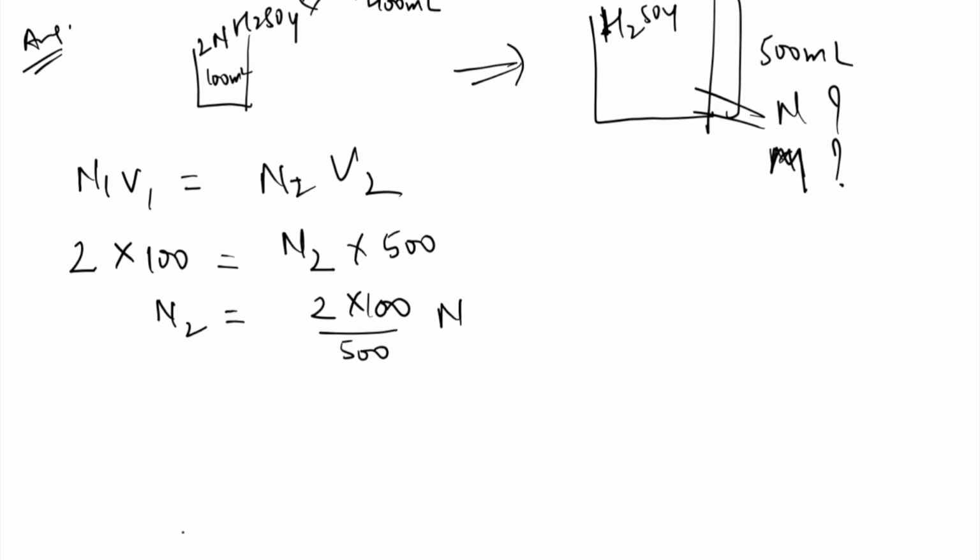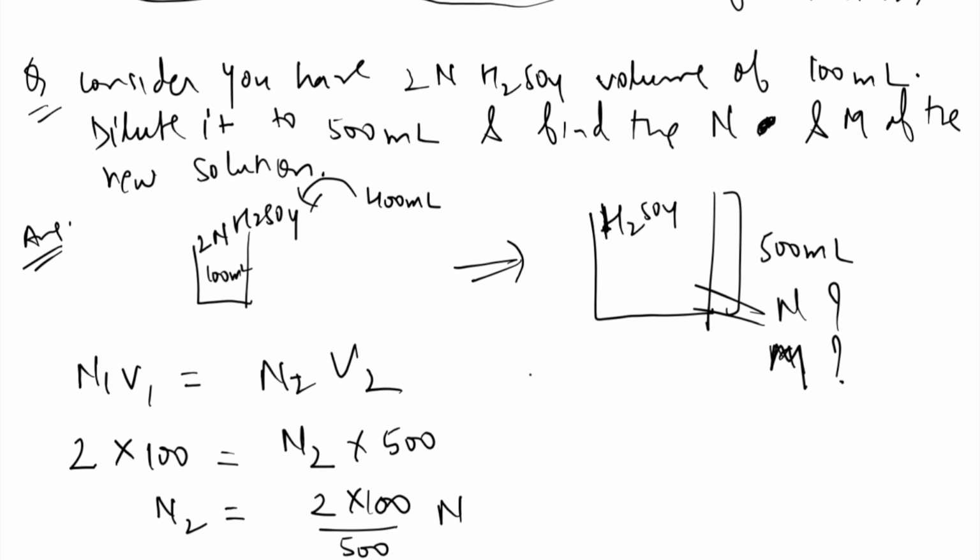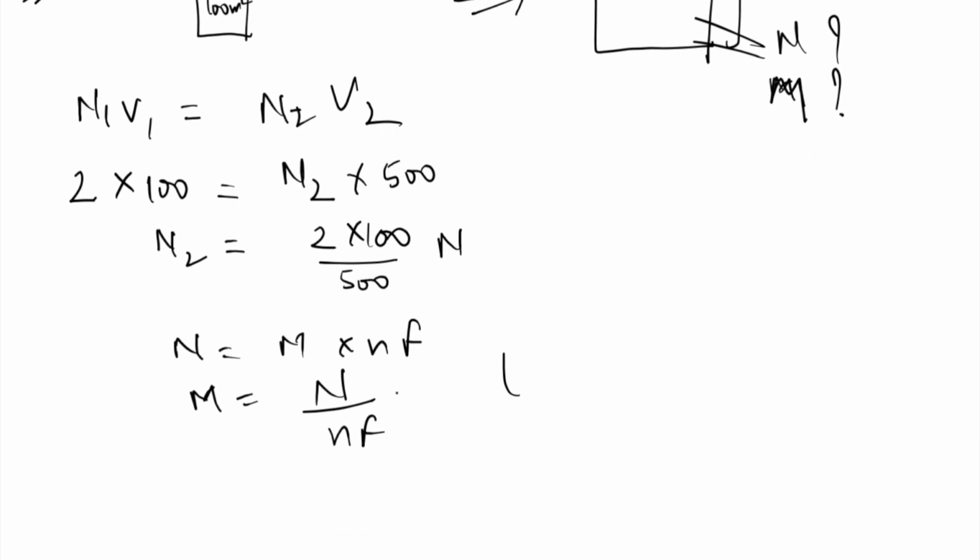What about the molarity? We know that normality is molarity multiplied by n factor, right? So molarity will be normality divided by n factor. The solution is H2SO4, and the n factor for H2SO4 is 2.